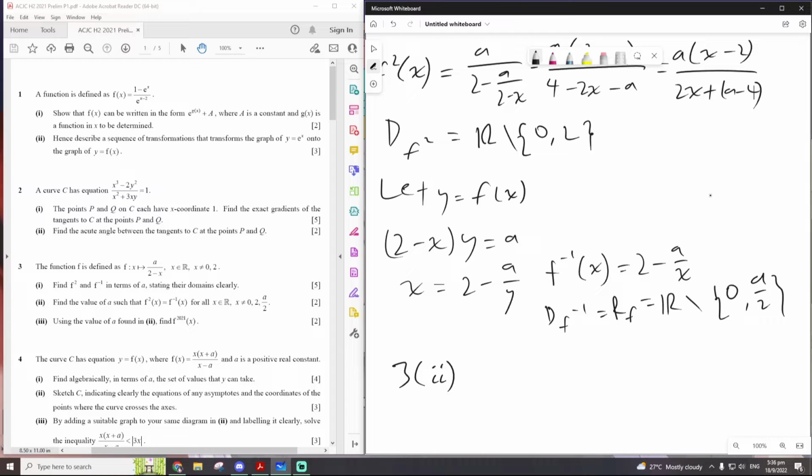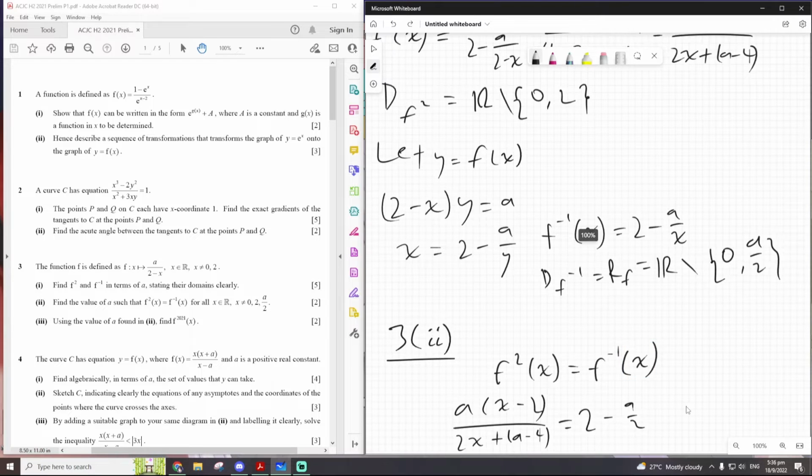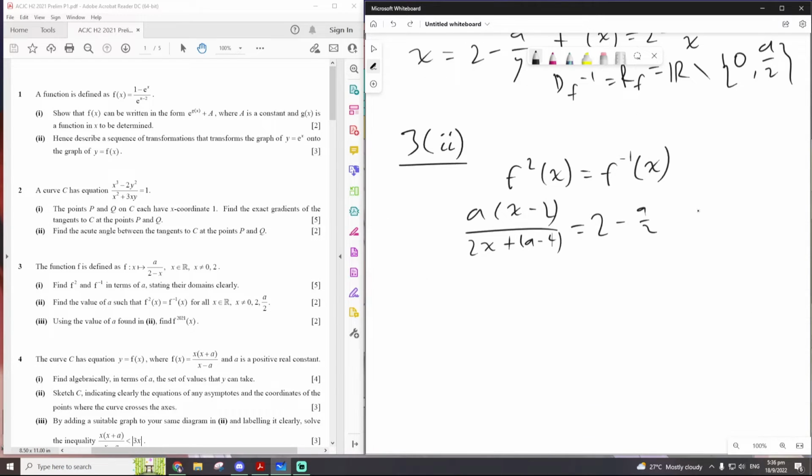Part 2, we're going to say that f squared of x equals f inverse of x. So we're going to solve for that particular value of a. (ax minus 2) divided by (2x plus a minus 4) equals 2 minus a over x.